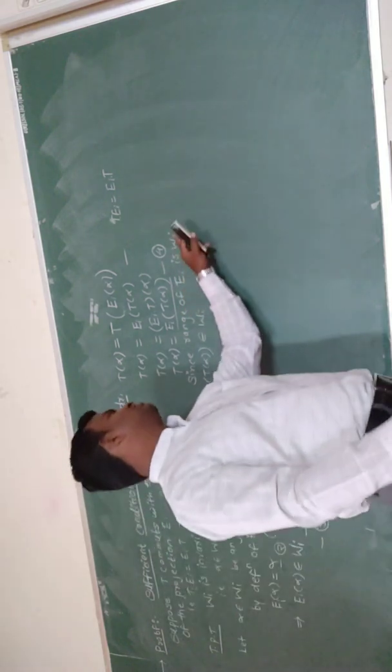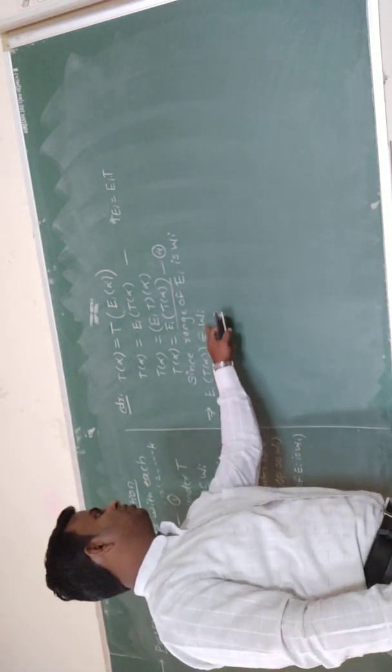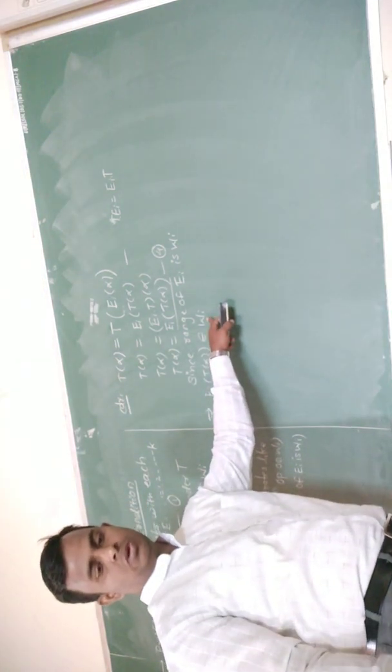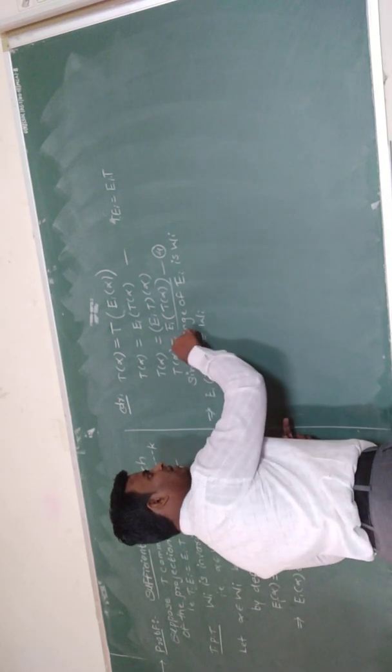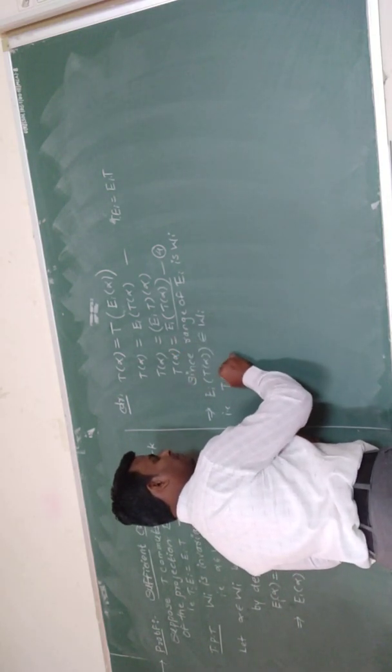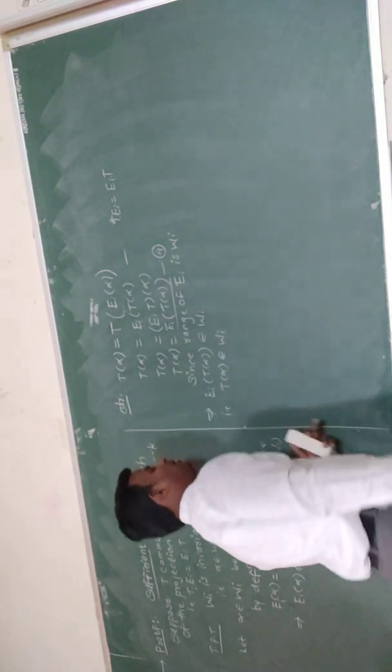Range of E_i of alpha is W_i. It implies E_i of T of alpha belongs to W_i. That is, T of alpha belongs to W_i.